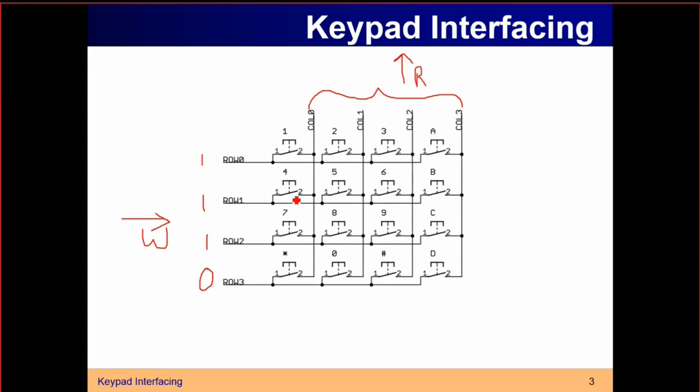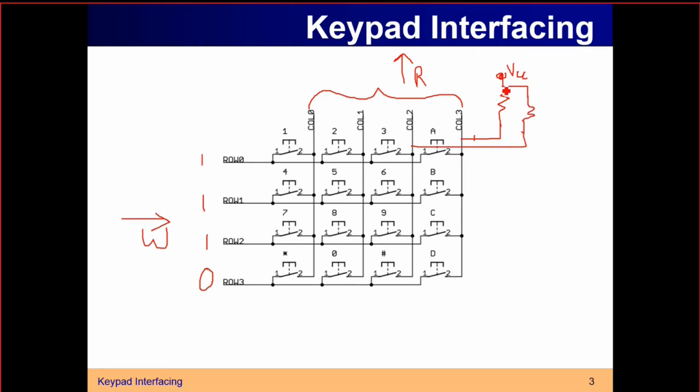So in this case, if none of the switches are pressed, what will be the data here? Let us consider all these lines are pulled up to VCC through a resistance. Resistor should be there. So one resistor is there. Similarly, I am pulling this line also to VCC through another resistance.